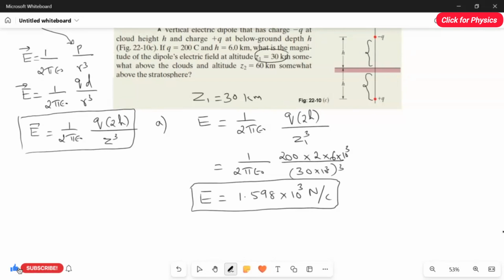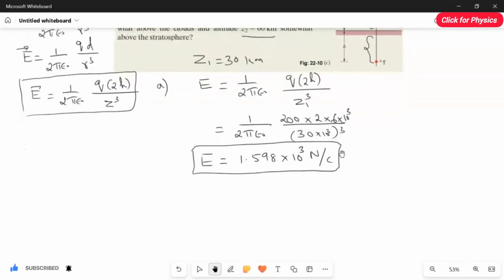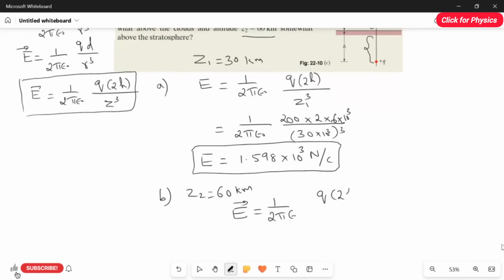Now we have to proceed with the same steps for the second value, which is z2, equal to 60 kilometer. So we have to replace this 30 kilometer with 60 kilometer. For B, now the z2 value is 60 kilometer, and I substitute the values in the given formula. E equals 1 over 2 pi epsilon naught, Q multiplied by 2h over z2 cube.